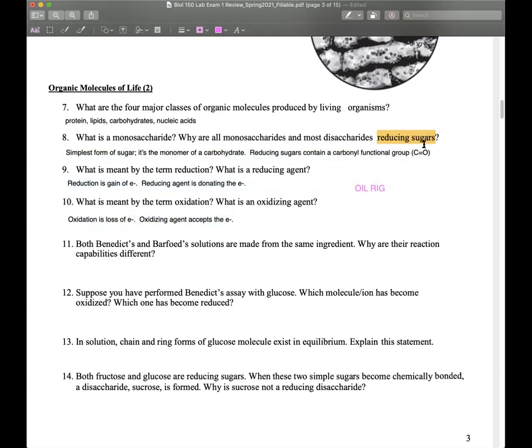The reducing sugar, the carbonyl, this is donating an electron to something else. So the reducing sugar is actually going to be oxidized.